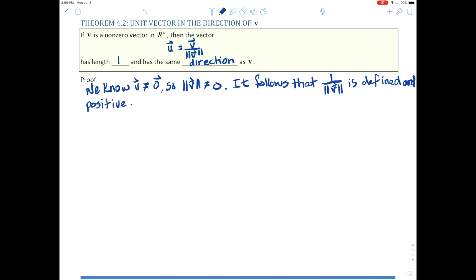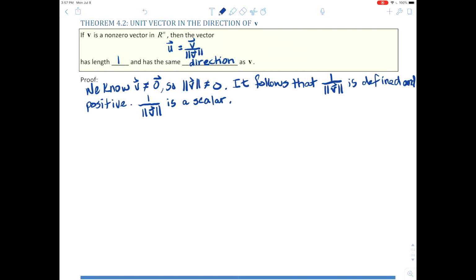Cool, cool? All right, so we also know that 1 over the magnitude of v is a scalar, and we've already said that it's non-zero, and it's okay to multiply by it, and it'll be positive.